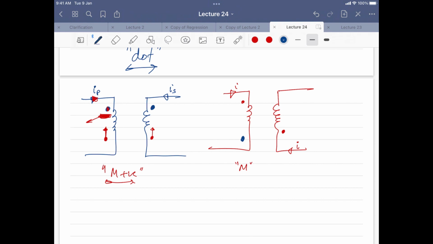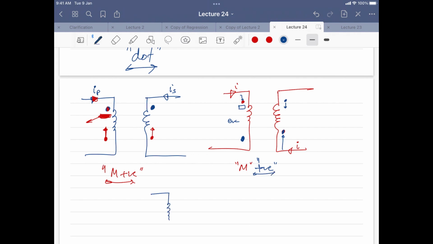If you are watching this door and the person is entering into the door, this is the entering phase, and in this case you are watching the person entering this door, into this dot. So in both cases it is entering, so it is positive here.